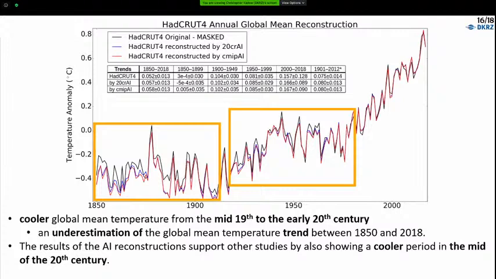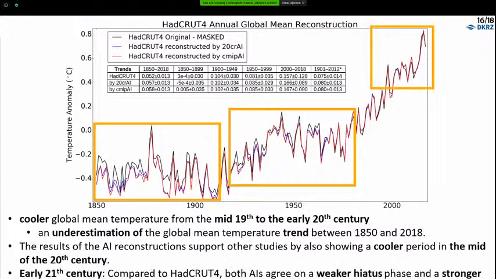In the mid part, there is also a cooler period in the middle of the 20th century. There are other data sets out there like GISS and MLOST, which already said that HadCRUT is probably a little bit too warm due to the missing values. And the last part, the early 21st century, was the main focus area of that kriging technique, which checked the hiatus phase, evident from about 2000 to 2014 or 2015, where we didn't have a strong climate trend.